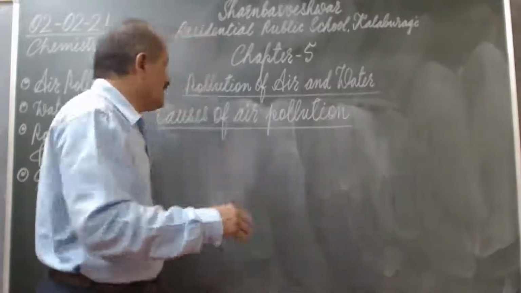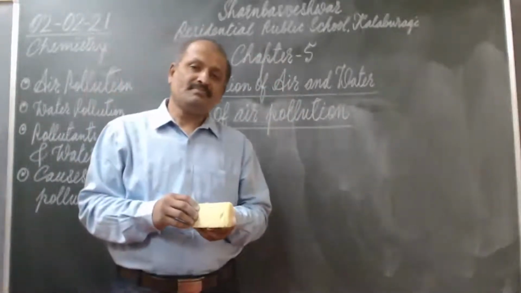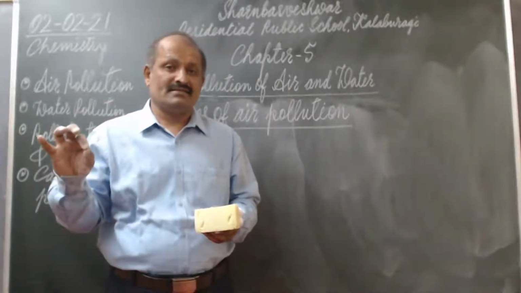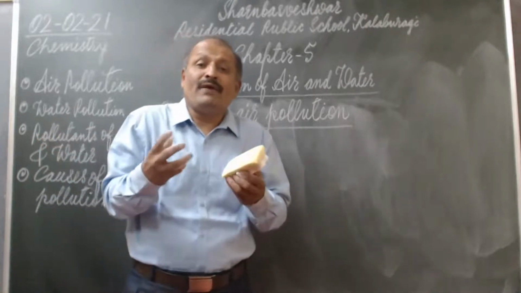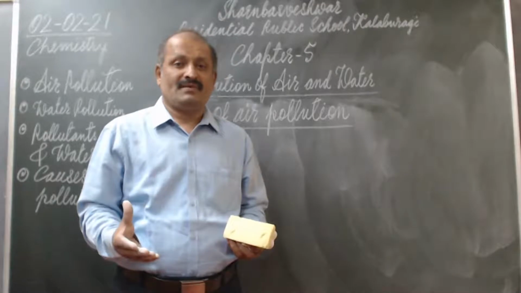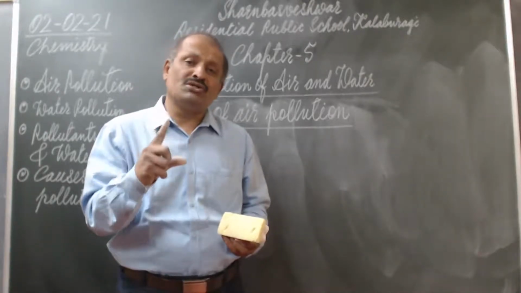So we shall study the causes of air pollution. The very first one, emissions from the vehicles. Crores of vehicles emit carbon monoxide. This is a toxic gas which certainly pollutes air.